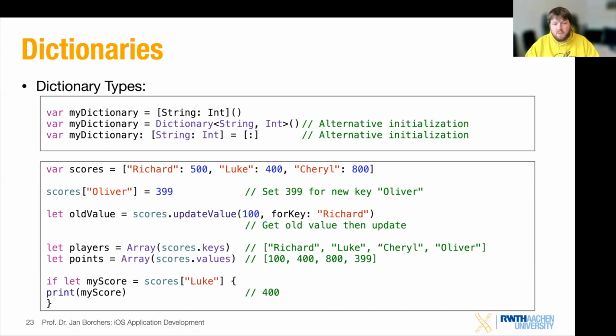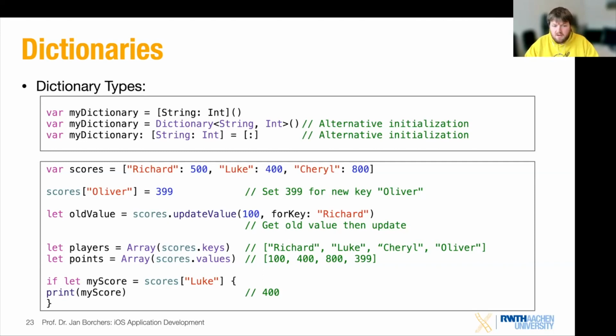Dictionaries also give you easy access to the keys or the values that are in the dictionary through certain members. So accessing scores.keys will give me all the different keys that are in there. They return an array that we here just explicitly also cast to.